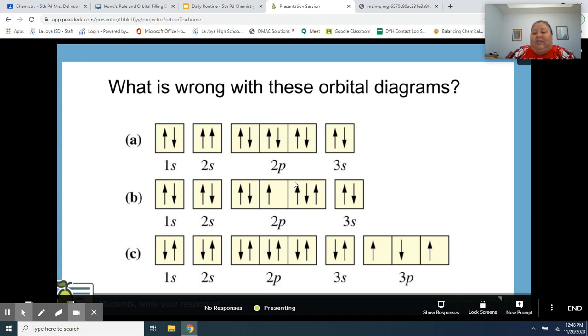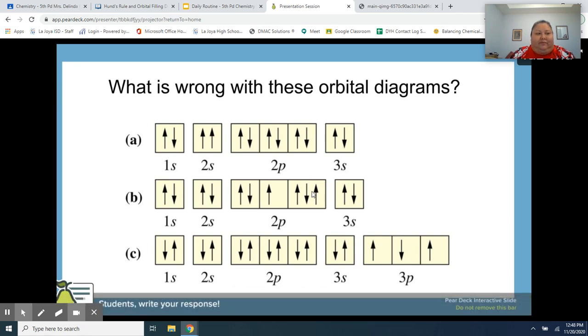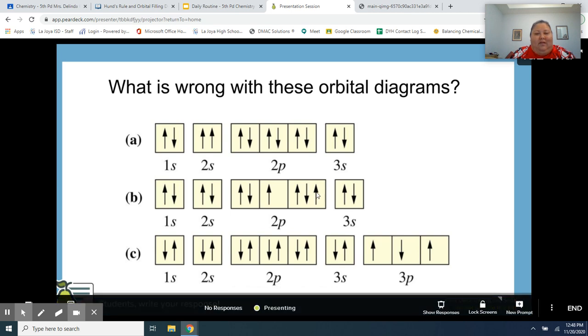That means I have 3 electrons in orbital 3. Should I have 3 electrons in this third box? Definitely not, right? No. Thank you, Oscar. This third arrow, where does it belong? Where should this third electron be?